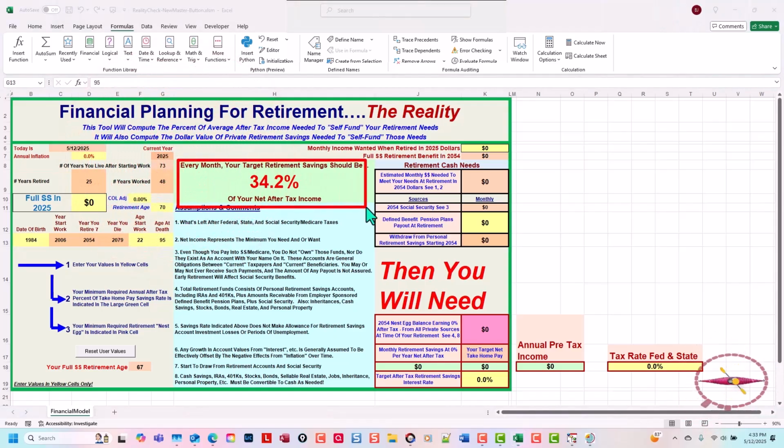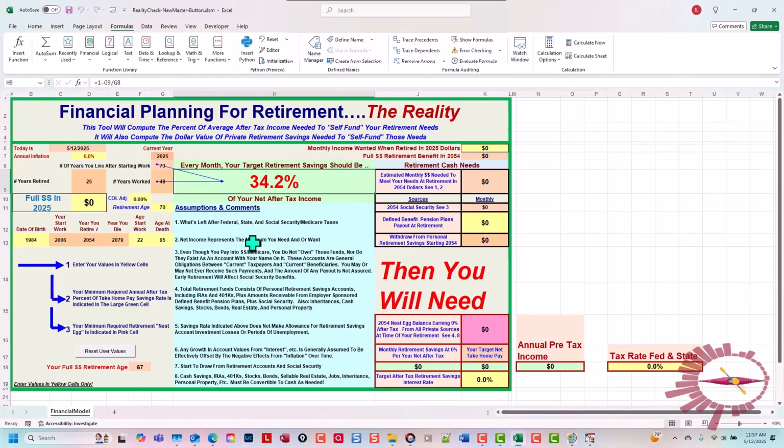This number is computed by dividing the number of years you are retired by the number of years that you live after you started work. I'll point out that if we temporarily change the age of death to the same age we were when retired, 70, note that the number becomes 0, and that's because we won't need any retirement funds if we're already dead. I'll reset those numbers back.